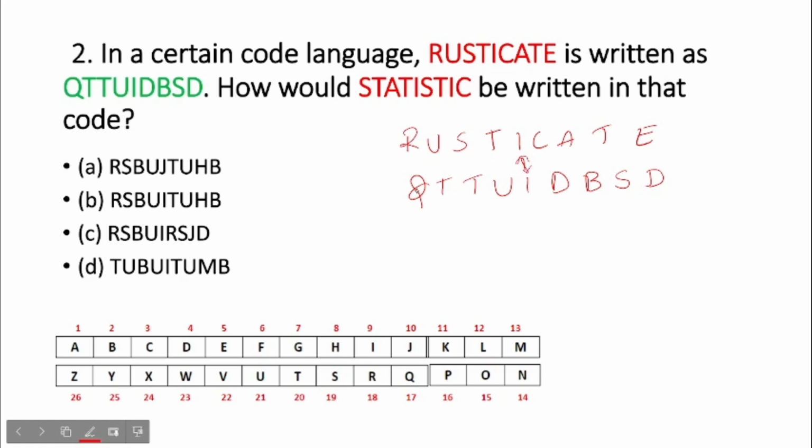So we have to check the other alphabets, starting with R. R happened to be one position below. So R minus 1 is Q.